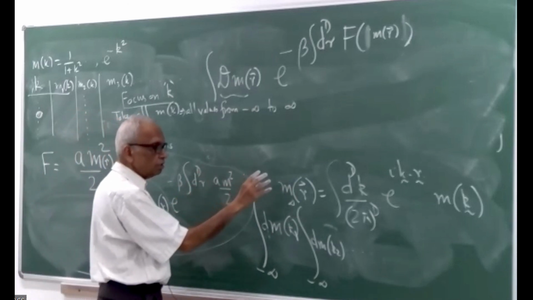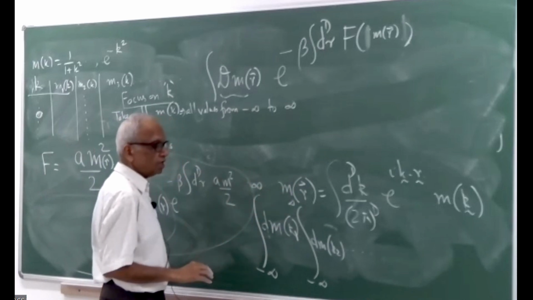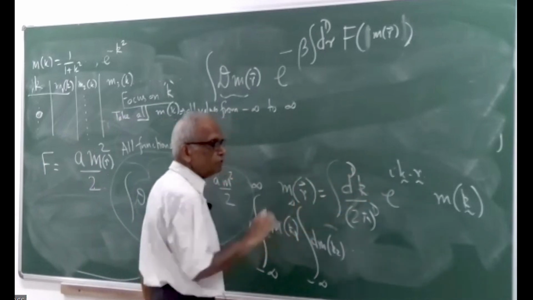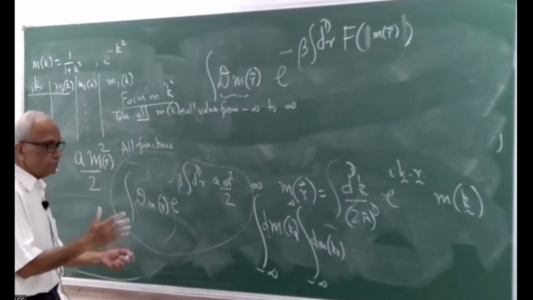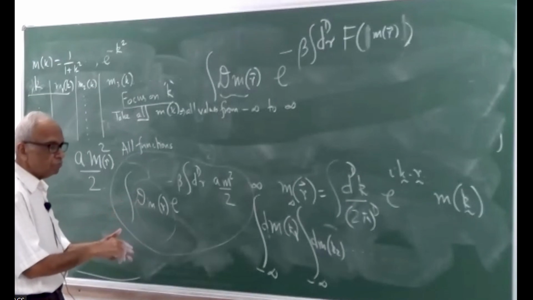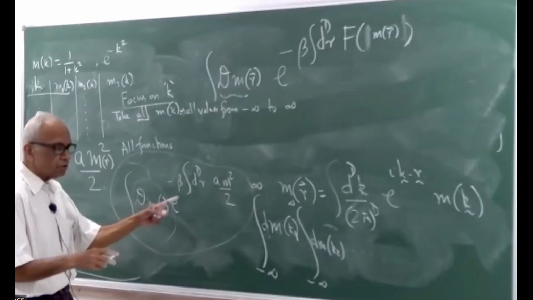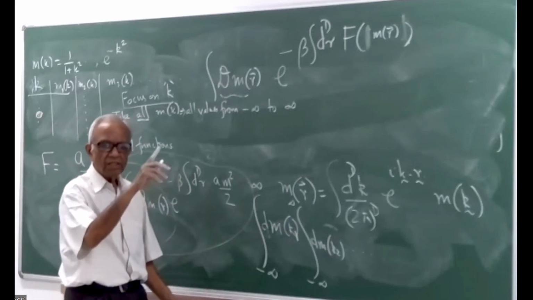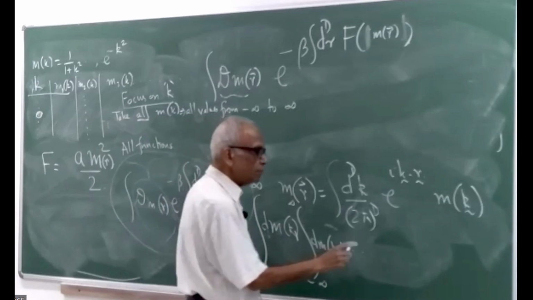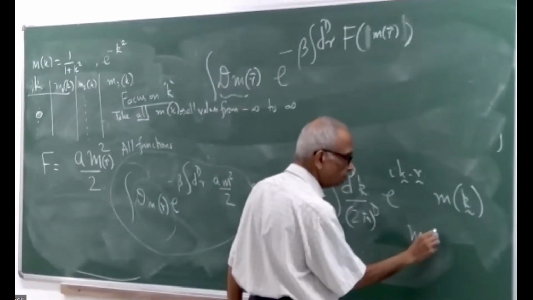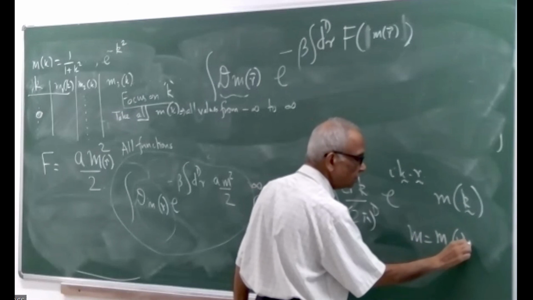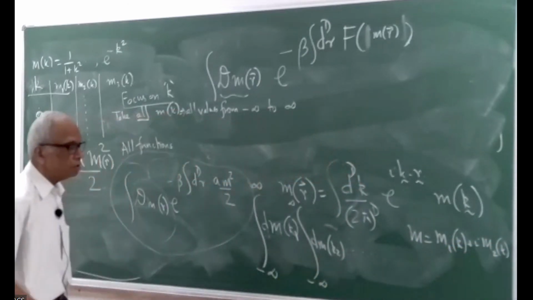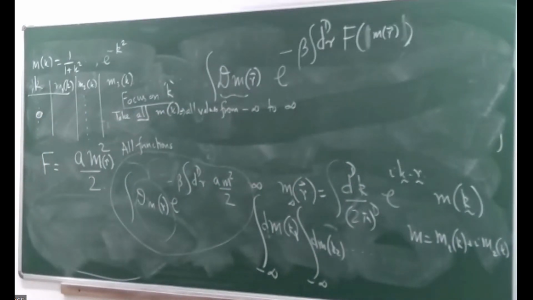So an integral over all m of r is equivalent to taking the Fourier transform, and mind you, these m's are complex. M has to be written as a complex quantity, which is m1 of k plus i m2 of k. So I have to keep that in mind.